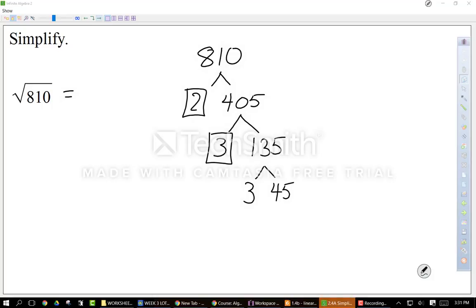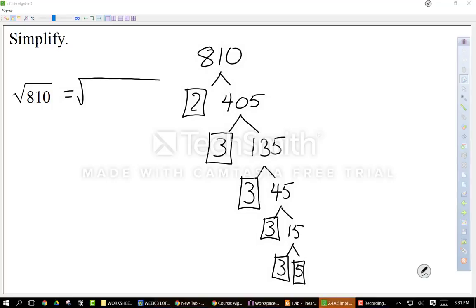So again, the 3 is prime. 45 is 3 times 15. 3 is prime. 15 is 3 times 5. 3 is prime. 5 is prime. I am done. So I can rewrite 810 as 2 times 3 times 3 times 3 times 3 times 5.